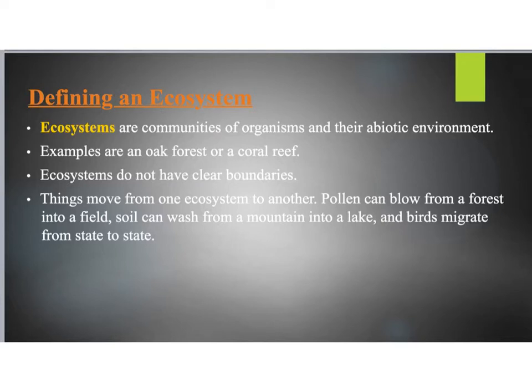So some examples of ecosystems might be something as small as an oak forest, or even a tree within that forest, or a coral reef. The reason it can be so wide-ranging in terms of size is because they have no boundaries. There's no, like, this is an ecosystem, like a tree, an animal, a river. There's no boundary defining it.